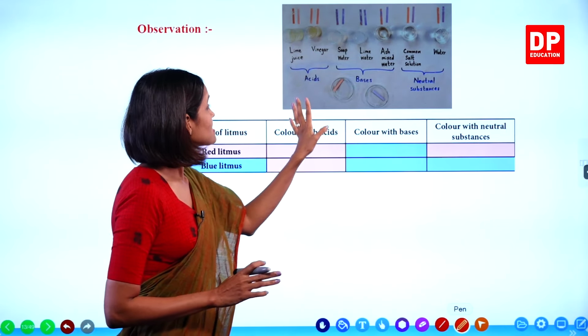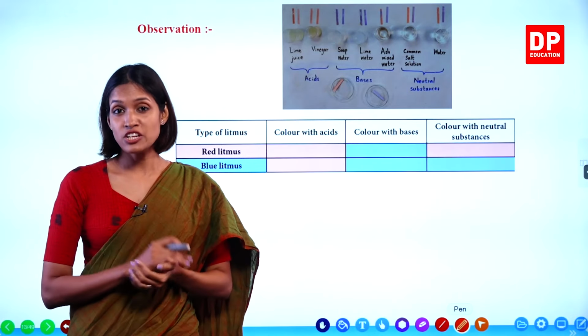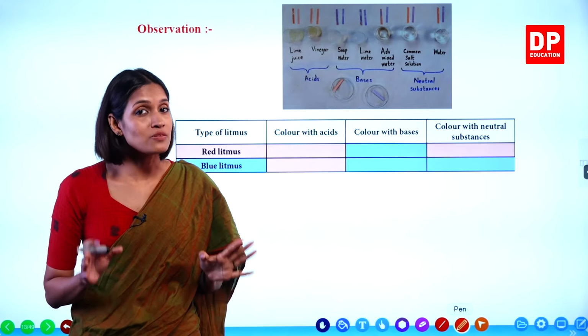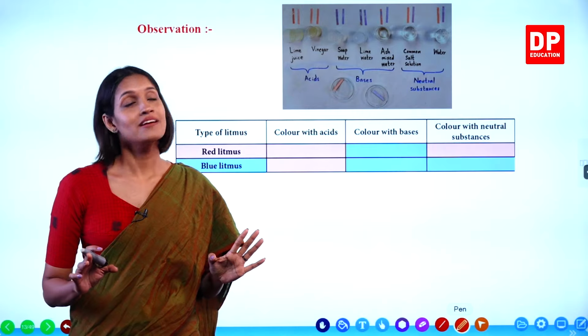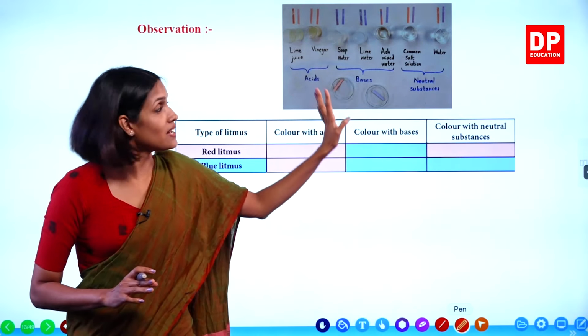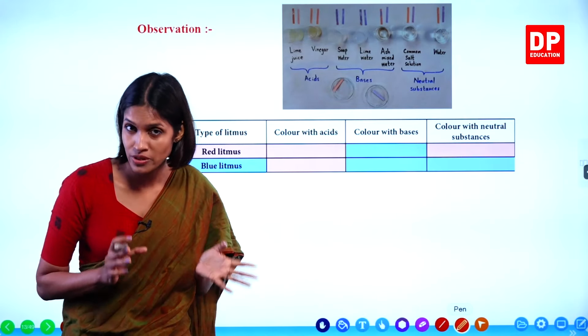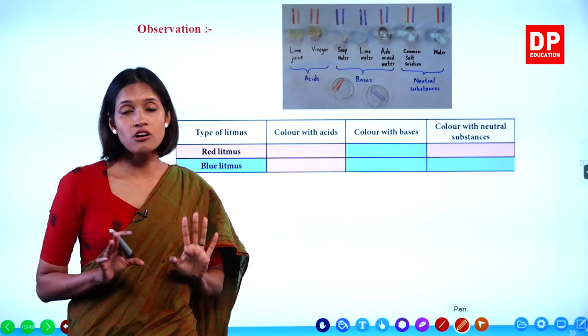So it means in an acidic medium, the color of the litmus paper, no matter whether it's red or blue, is always red. Right? So the second clue, all the litmus color in a basic medium is blue color. In the presence of a basic medium, the color of the litmus paper is always blue color.